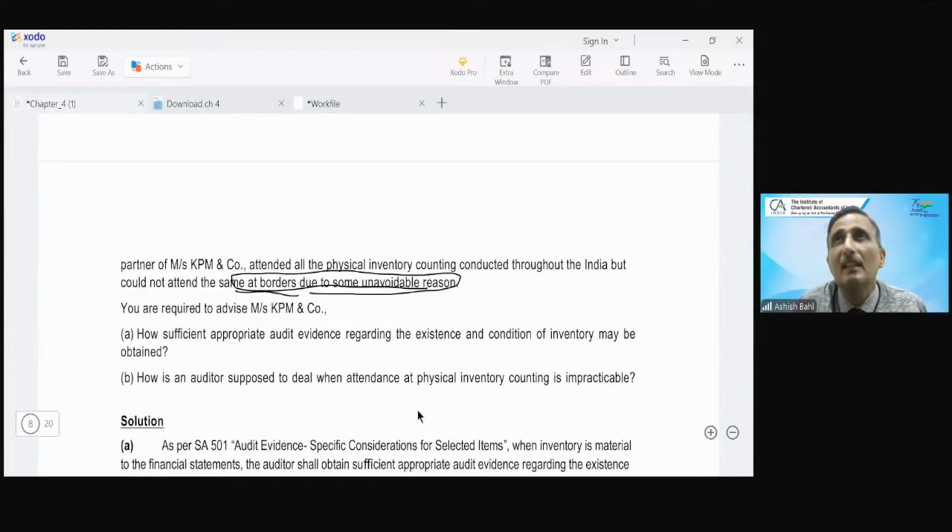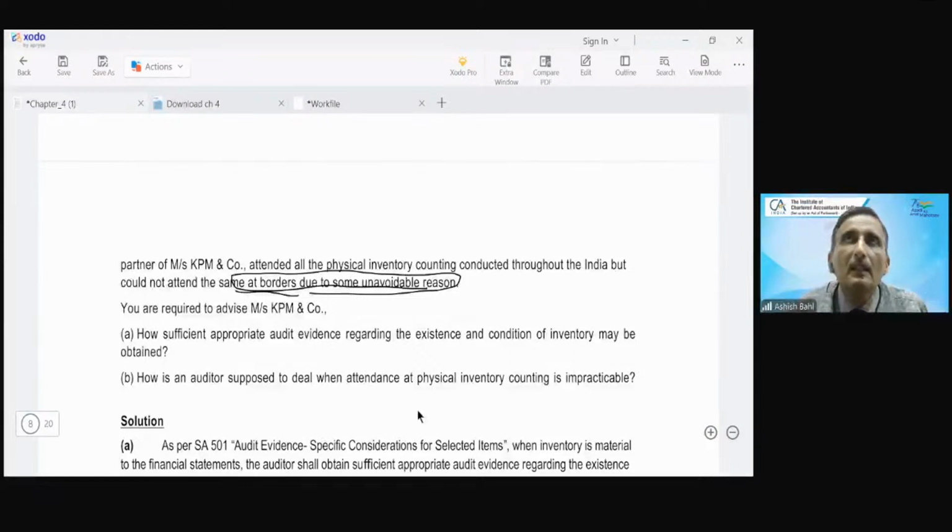Now, students, this is a straight answer which is written in your module, in the requirements of SA 501. The auditor has to attend physical inventory count as per SA 501 unless it is impracticable. Attending physical inventory count at border locations may be impracticable for the auditor due to his safety.